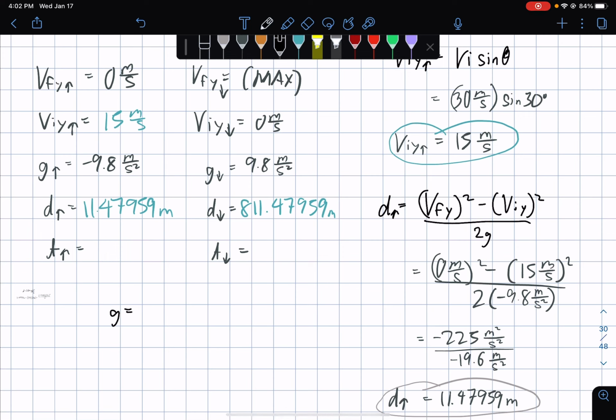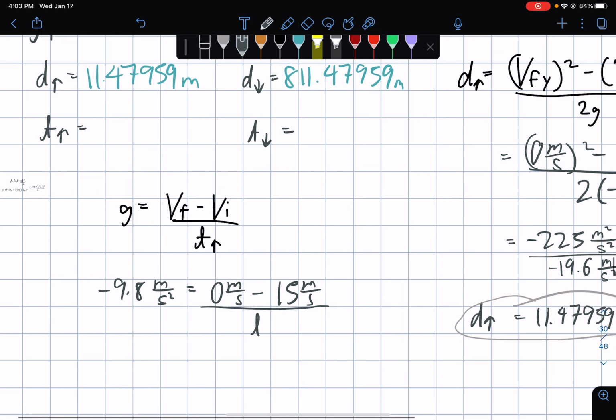Let's try gravitational acceleration. Yes, this is more like it. Vf is 0. Vi is 15. Total time is unknown.